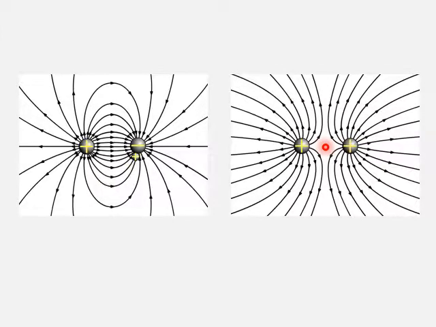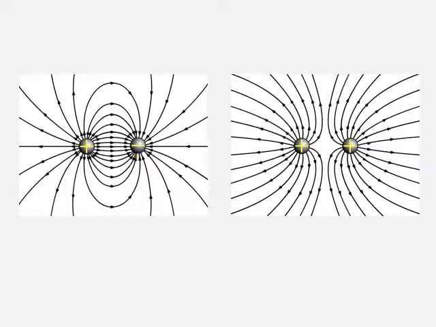So there is no electric field, no electric field line, and elsewhere it will follow this path. So this is how we can represent the electric field of a system of two like charges or unlike charges when they are equal in magnitude.